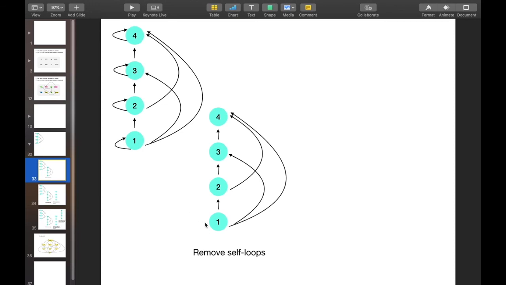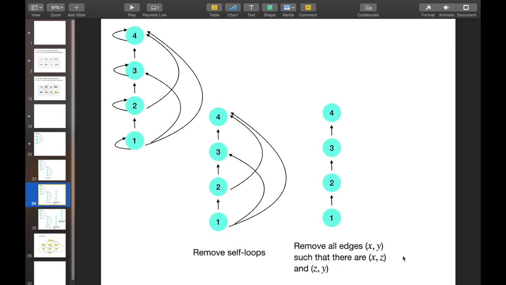So we remove them. Next we remove those that are present due to the transitive property. So what are those? This relates to this relates to this, so we can remove this. This relates to this, and this relates to this, so we can remove this. This relates to this, and this relates to this, so we can remove this. Okay? And so we'll have this.